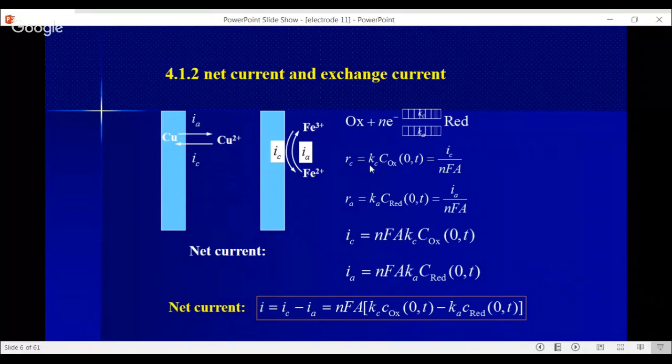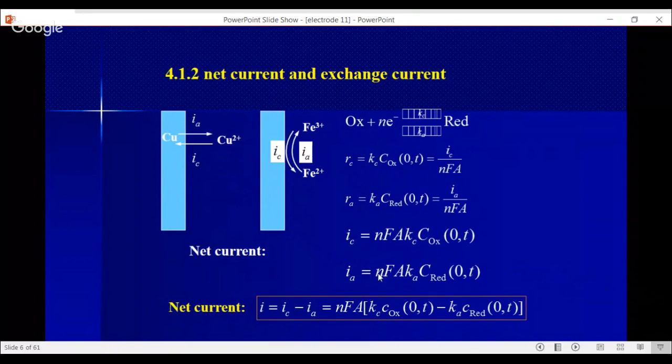Cathodic current is determined by the intrinsic rate constant, the concentration, and all those things, which is equal to IC by NFA. Then, in terms of the current, the rate of the cathodic reaction and the rate of the anodic reaction are IC by NFA or IA by NFA. IC is NFA into Kc into the concentration of the species at 0 time.